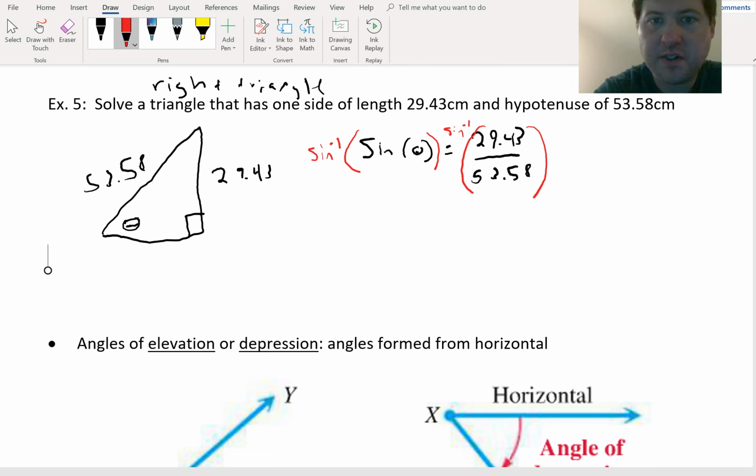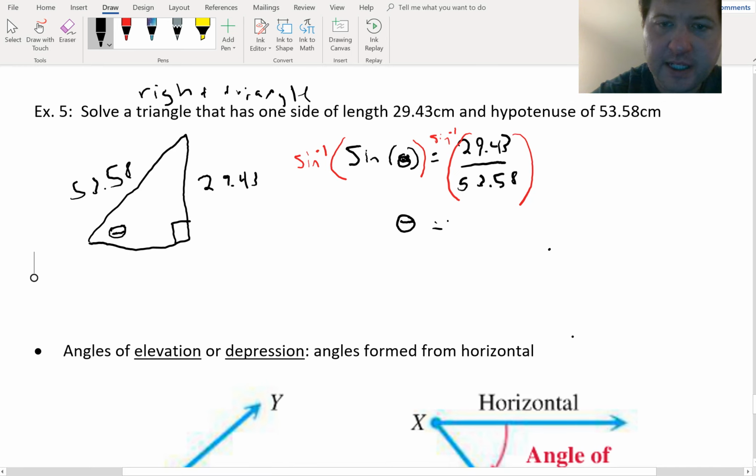When you take the inverse function of a function, those two things essentially cancel each other out and leave you with the argument of that function. It leaves you with our angle there. On the right, we would have to calculate the inverse sine of this.